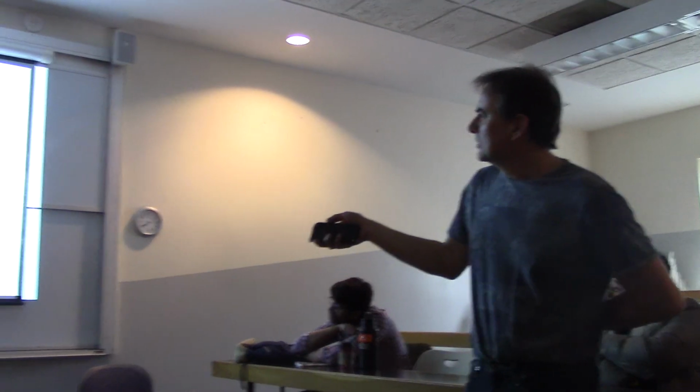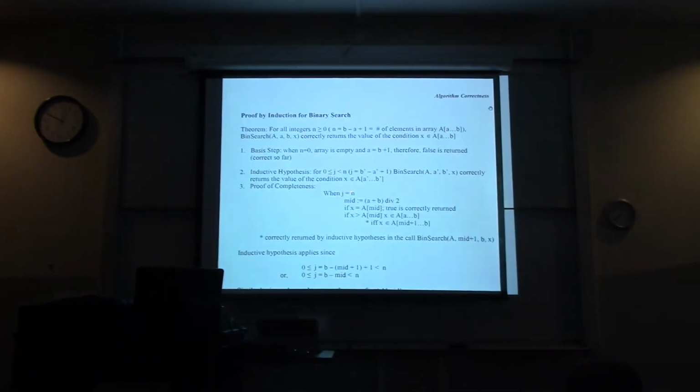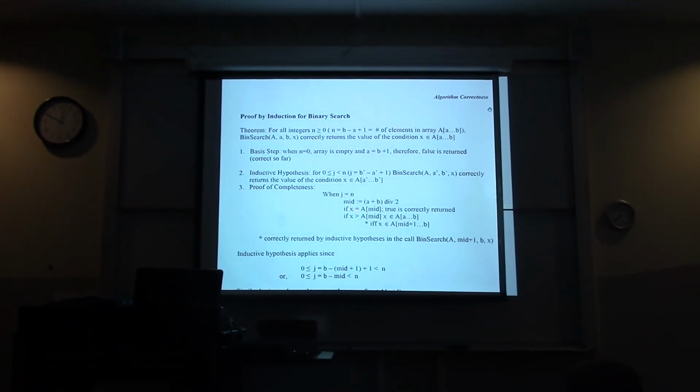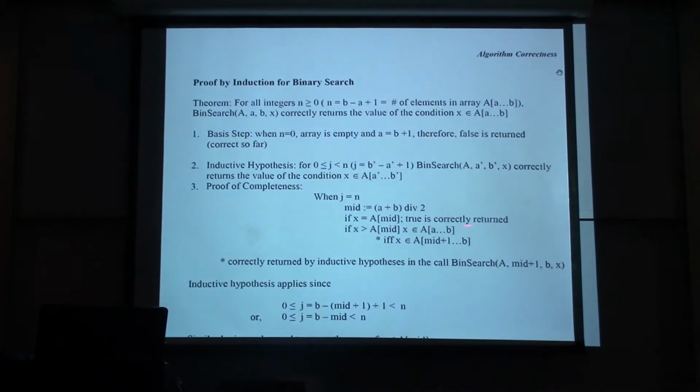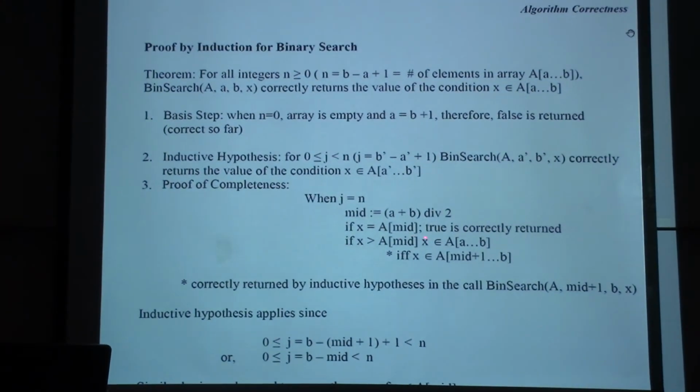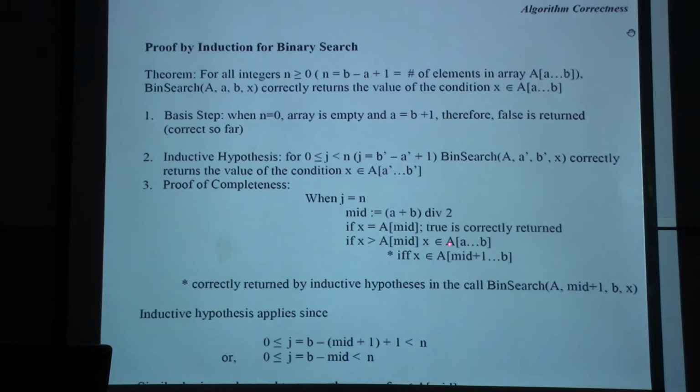Okay, so the proof of completeness says if j is equal to n, we compute the middle. If the middle matches, then true is correctly returned. But if it doesn't match, if x is bigger than that, then x is an element of a from a to b if and only if x is an element of mid plus 1 to b, which means we have reduced our size by 1.